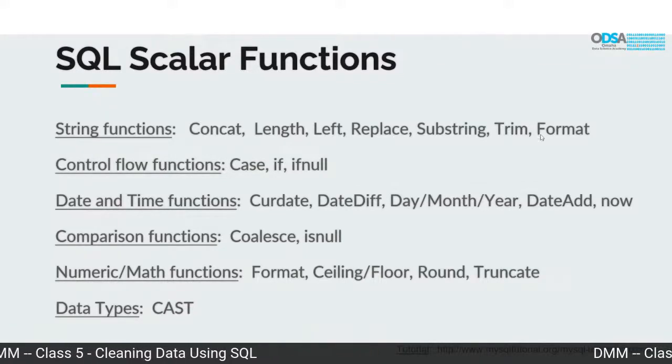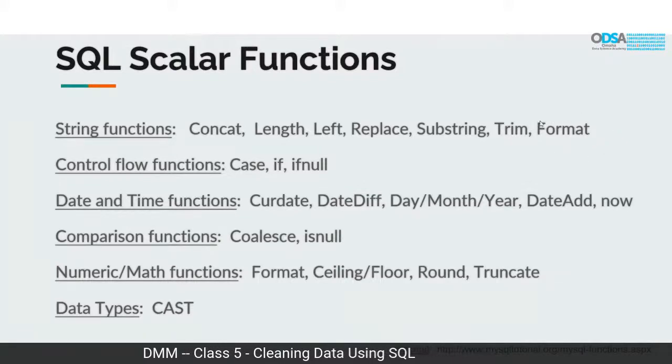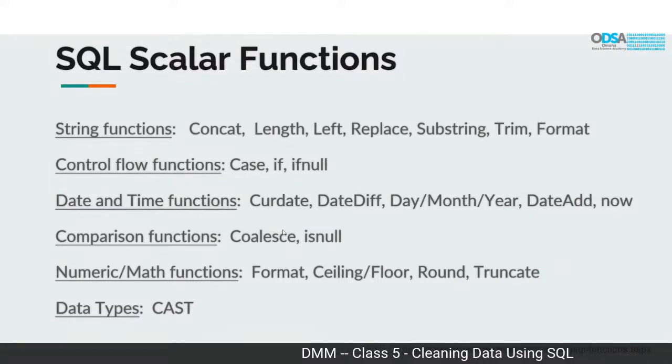You can trim those away. And then there are a number of ways you can format strings, especially when you have dates. You can use the string or the format to reformat that date string into something else.